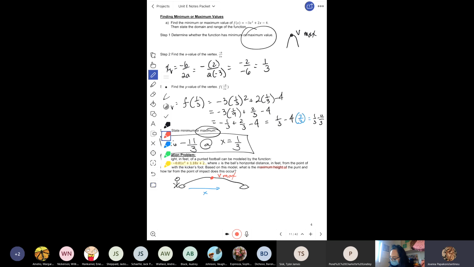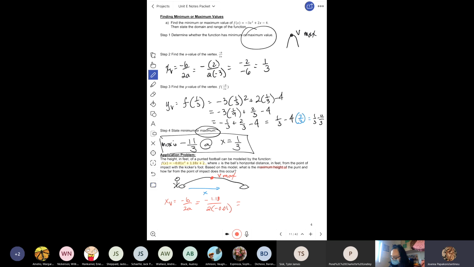So let's go ahead and take this function and find the maximum value. So I'm finding the x value of the vertex, which is negative b over 2a, which is negative 1.18 over 2 times negative 0.01. So get the calculator out, tell me what that is.